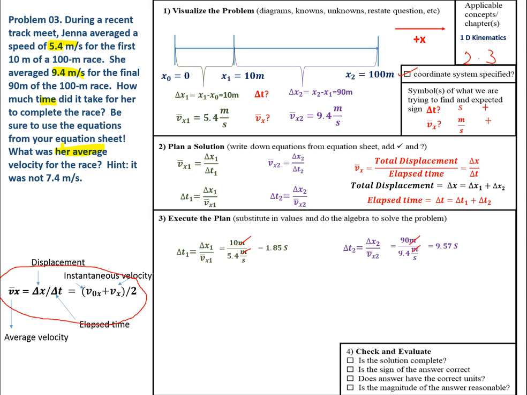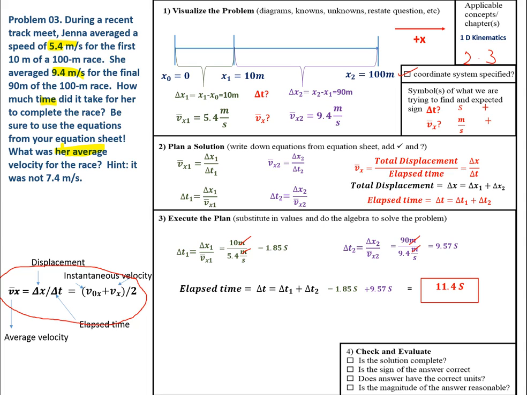Then let's add the two time intervals to get the total elapsed time. Once you do that, 1.85 seconds plus 9.57 seconds is equal to 11.4 seconds.